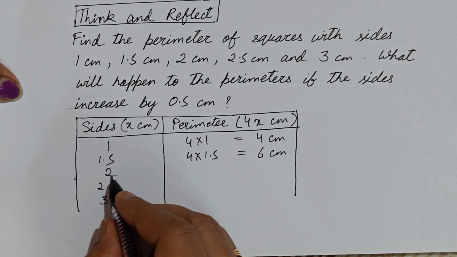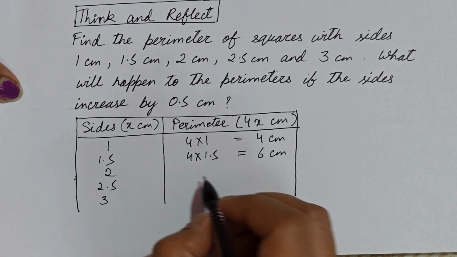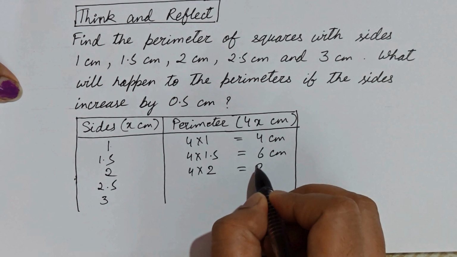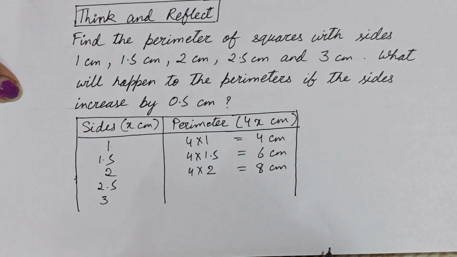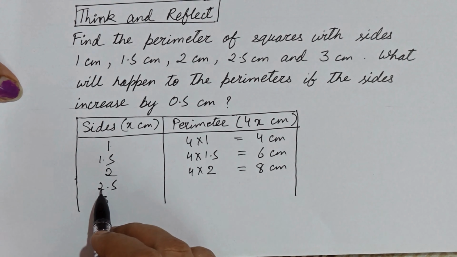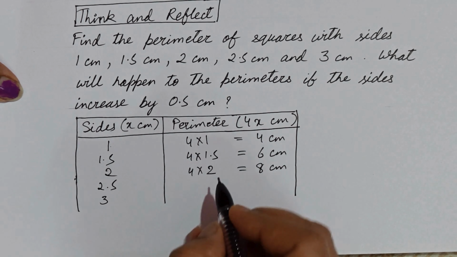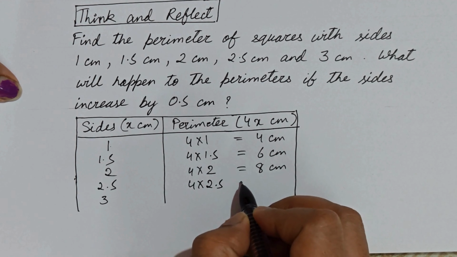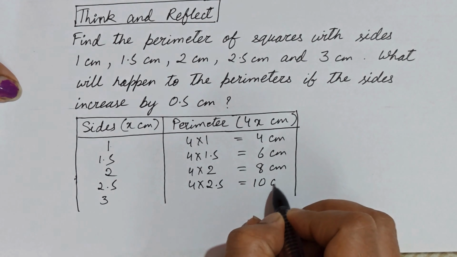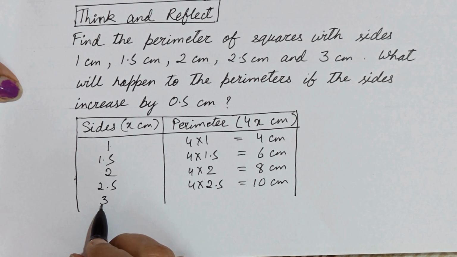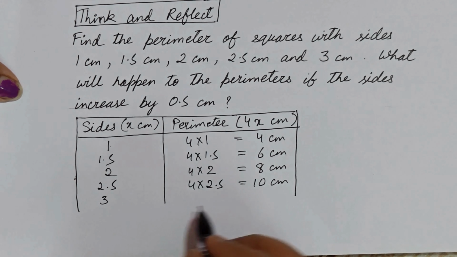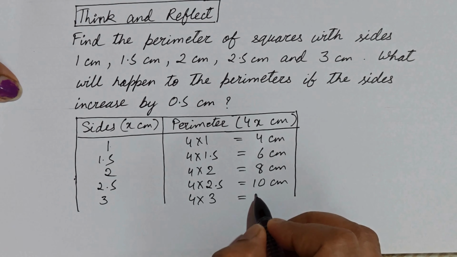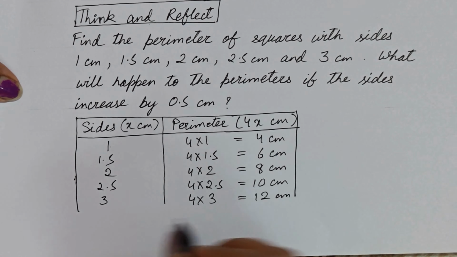Next with the side 2 centimeter, the perimeter will be 4 into 2 is equal to 8 centimeter. With side length 2.5, the perimeter will be 4 into 2.5, equal to 10 centimeter. With side length 3 centimeter, the perimeter will be 4 into 3, equal to 12 centimeter.